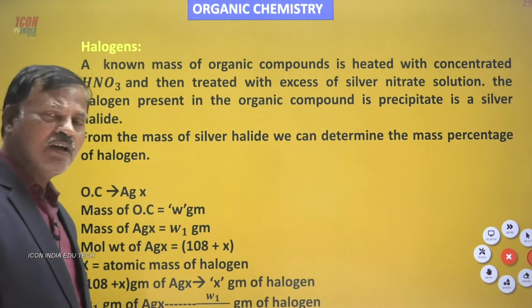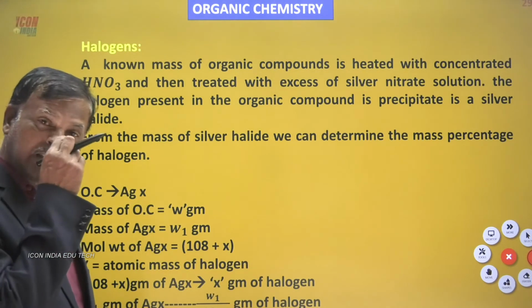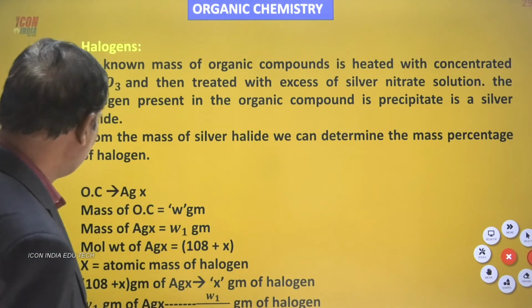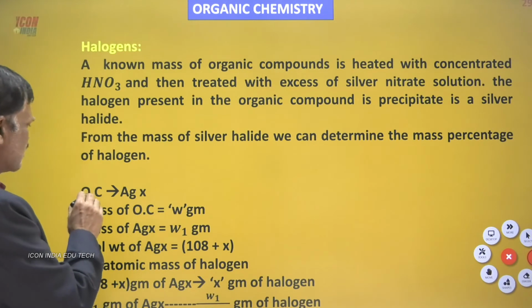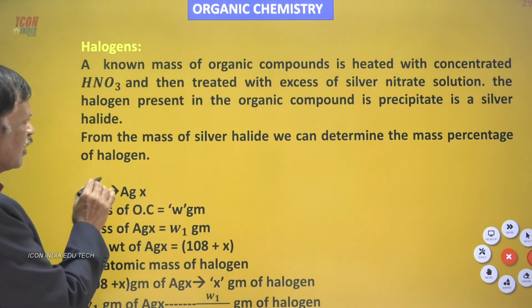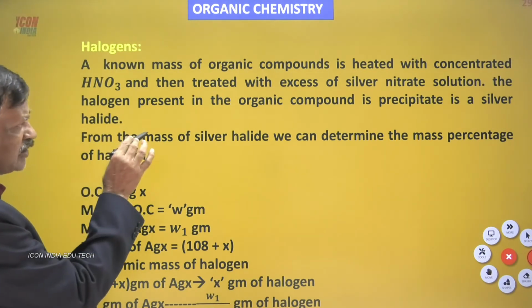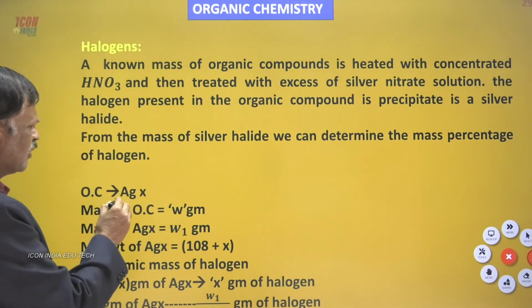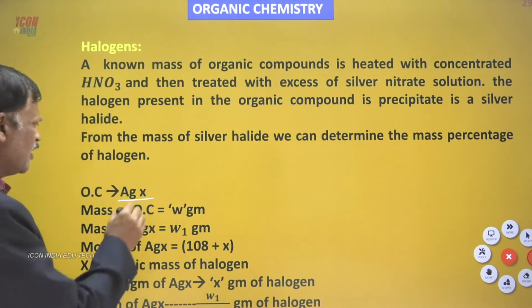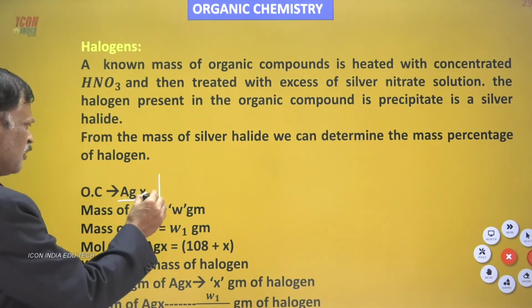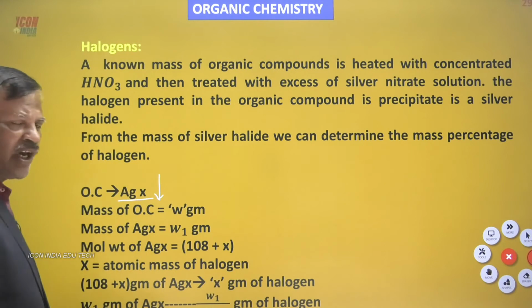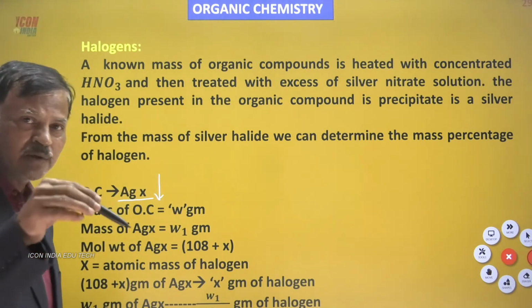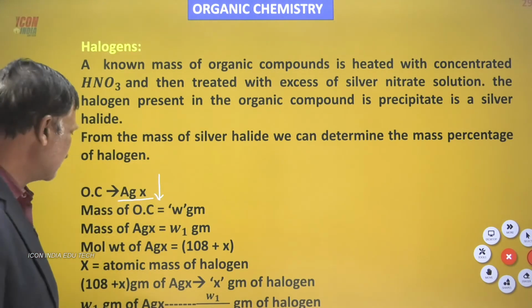Now, estimation of halogens. Halogens are converted to silver halides. See, the known mass of organic compound is treated with nitric acid first and then silver nitrate. Finally, halogen is converted to silver halide. It is also a precipitate. From the mass of silver halide, we can estimate the mass of halogen and then the percentage of halogen.